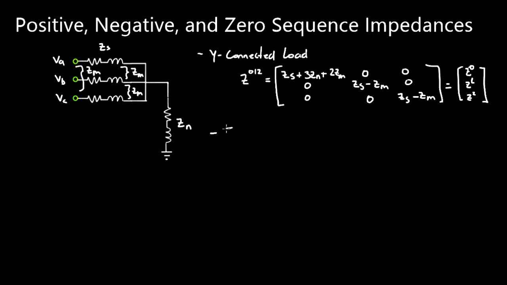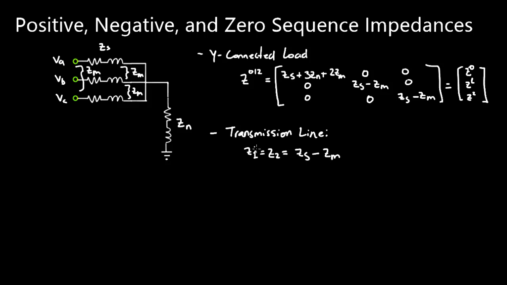Now for a transmission line, so let me just go ahead and write over here, for a transmission line, we would get that generally the positive sequence and the negative sequence impedances are going to be equal to each other. And they're going to be equal to the series impedance of the transmission line minus the mutuals between the phases.